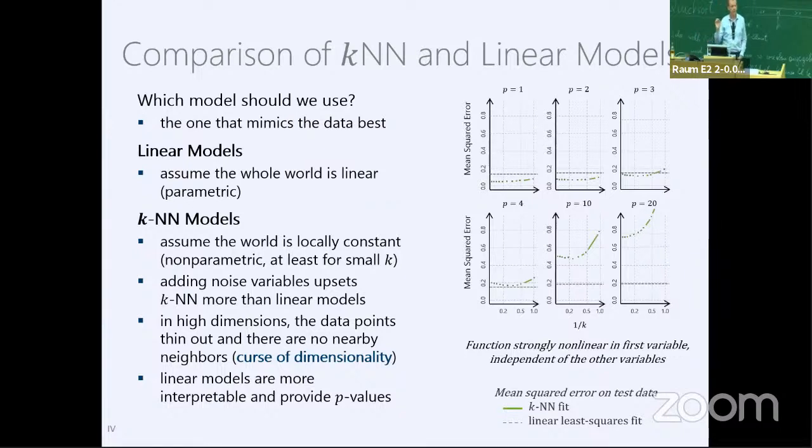Linear models also give us the chance to compute p-values, which predictors are significant, how certain we are of certain coefficients, and so on. So for nonlinear data, they suck, and then KNN can be your friend if you have the right predictors. But if you're willing to make some assumptions about your data, linear models or a similar class, whatever assumptions you want to make, those will be your friend.